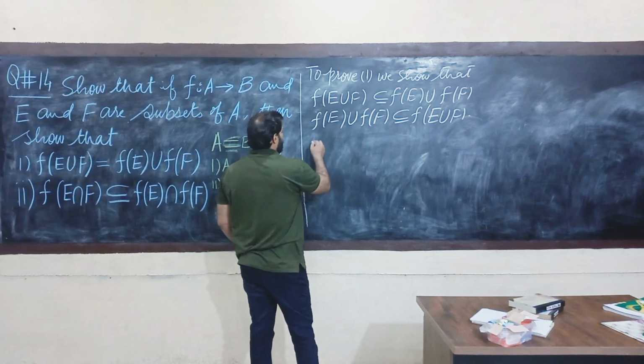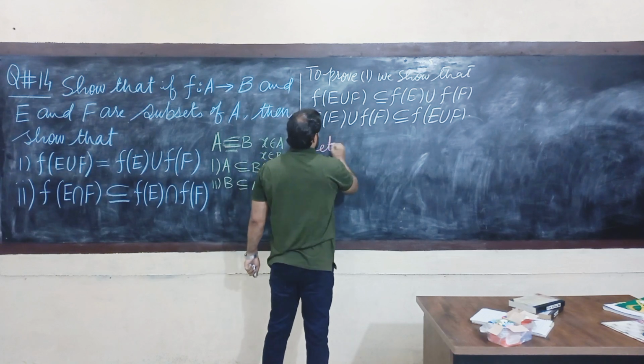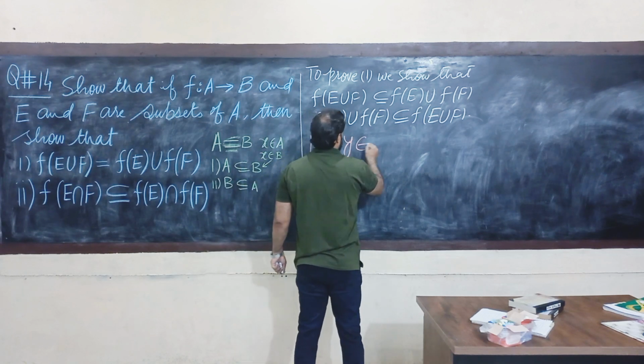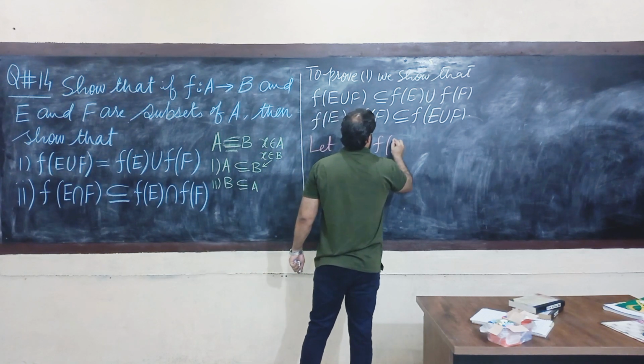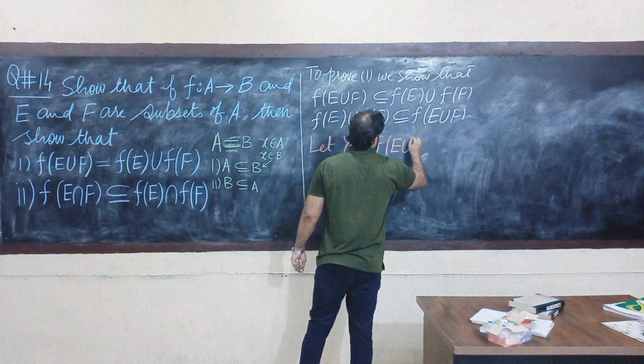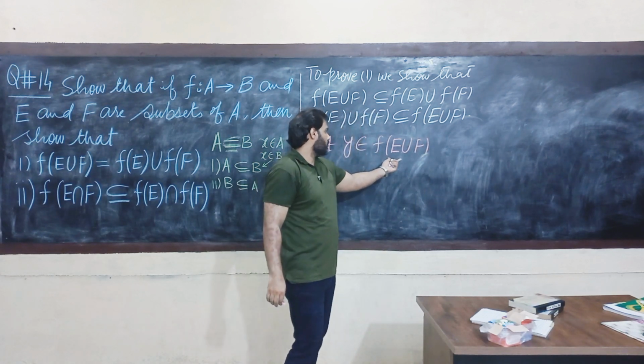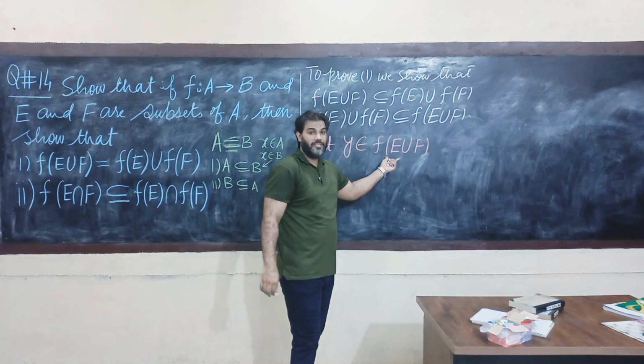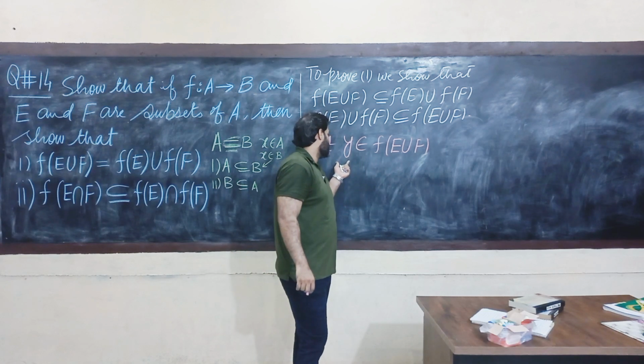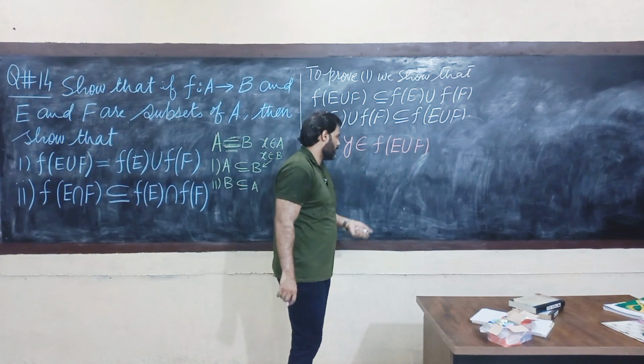Let y be an arbitrary element of the set f of E union F. Again, remember that this notation represents a set. This is not a number. So that's why let y be an arbitrary element of it.